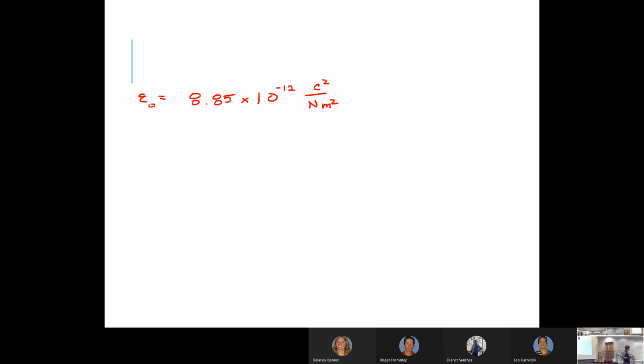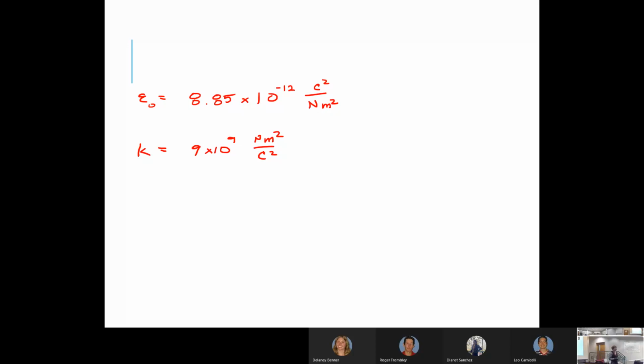And of course, that unit should look a little bit familiar. Where have you seen that unit before? Do you remember the Coulomb constant? This looks really familiar: 9 times 10 to the 9th, in Newton meters squared per Coulomb squared. Excellent.